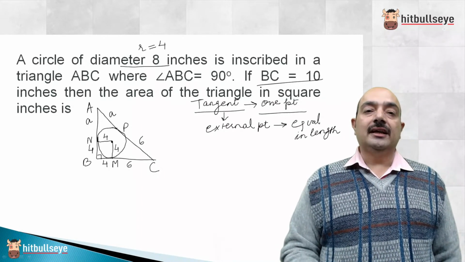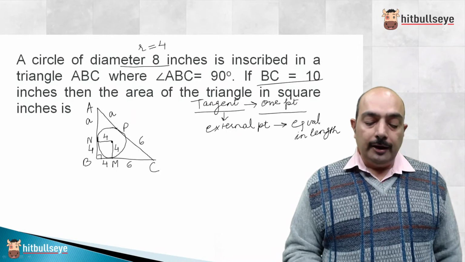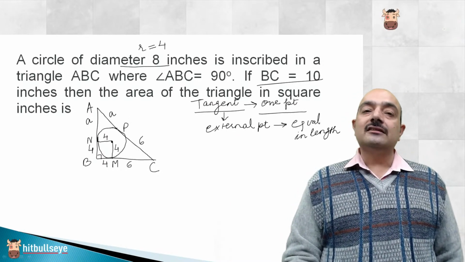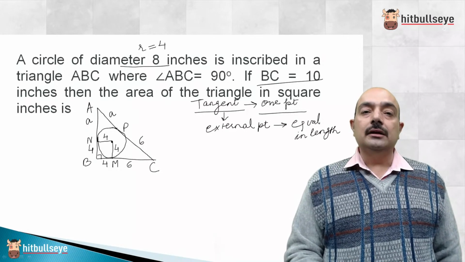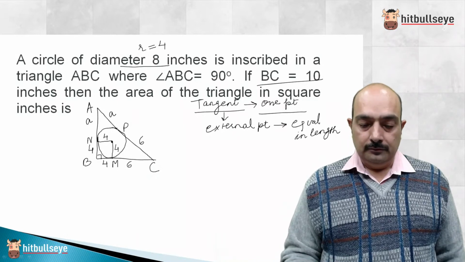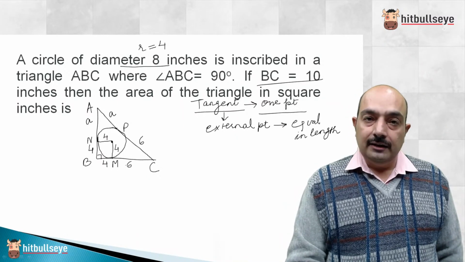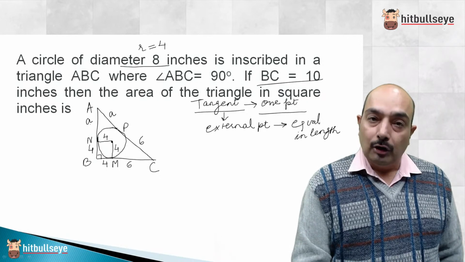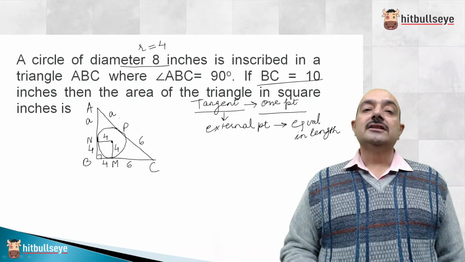Any doubts till now? This is the property I'm using: tangents from an external point on the same circle are always equal in length. So one value is 6, the other value is also 6, and I've taken AN as small a, similarly AP as small a.